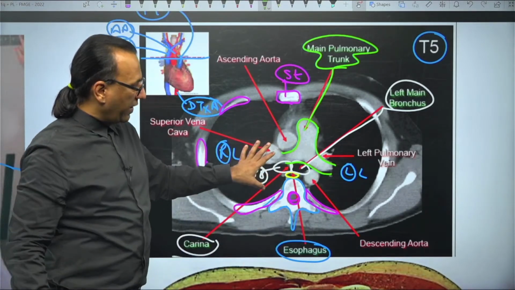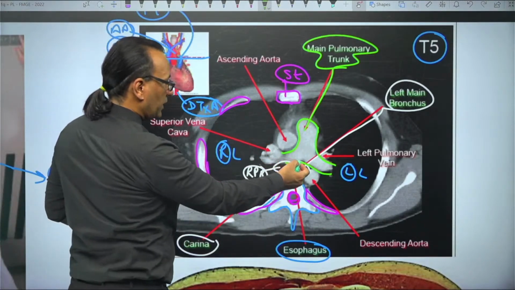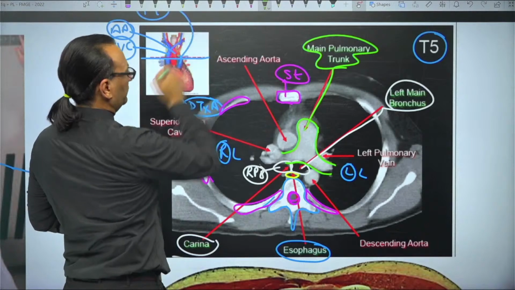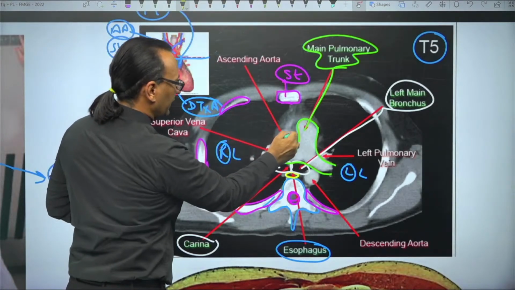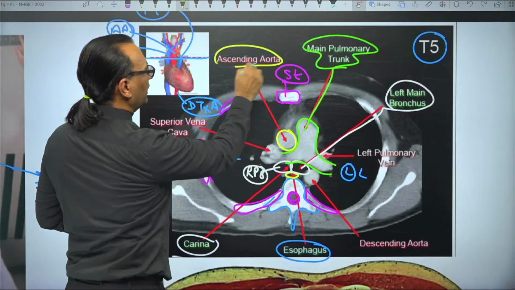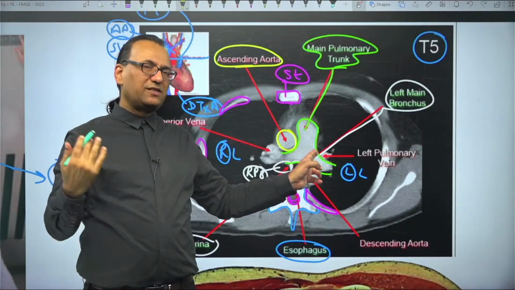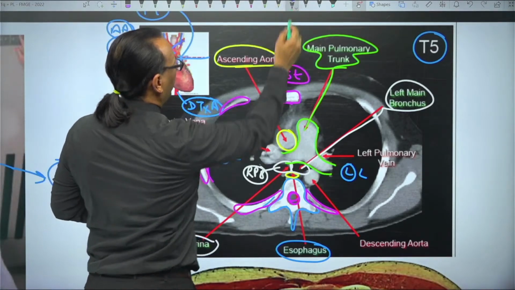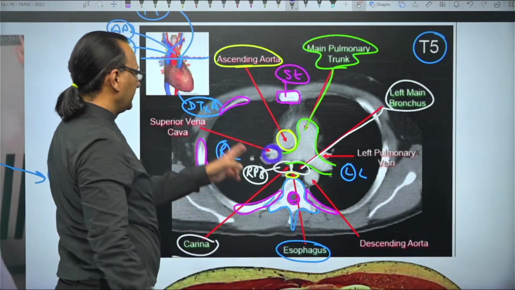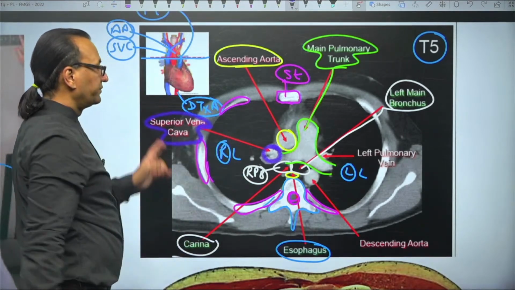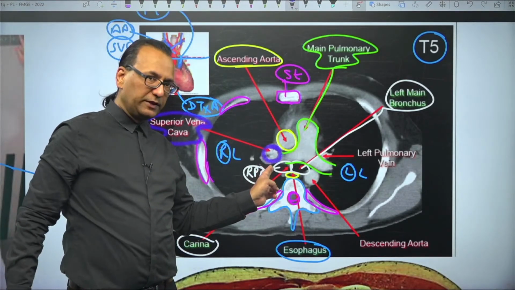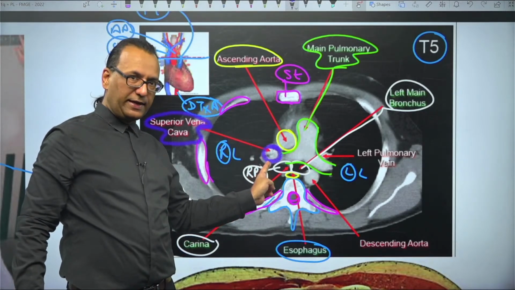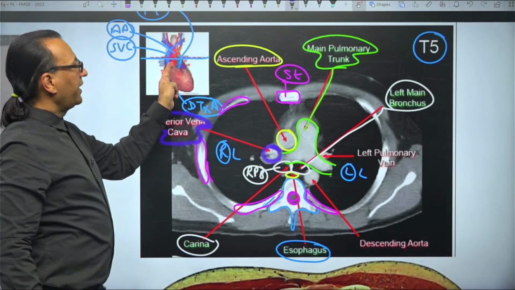So what you find is, again, this is pulmonary trunk and the vessel, which, let us use this color, here is ascending aorta. If that is ascending aorta, what is still to the right side of that? Still to the right side of that, we can use some other color, this one, that is superior vena cava. So the three vessel arrangement: pulmonary trunk, ascending aorta and superior vena cava.